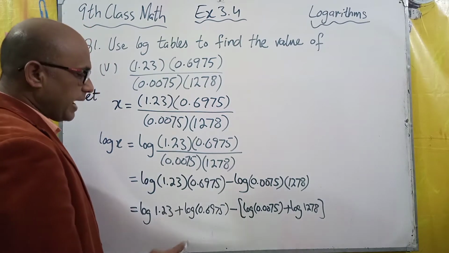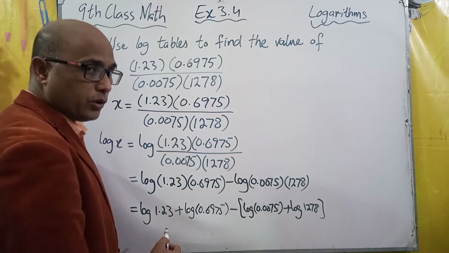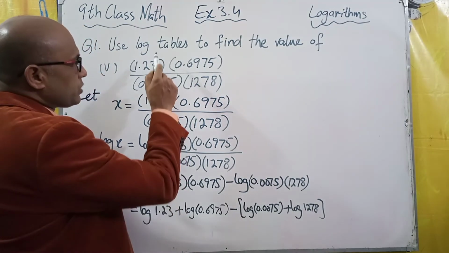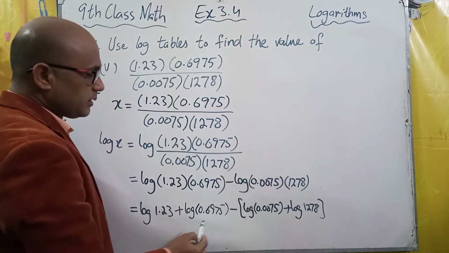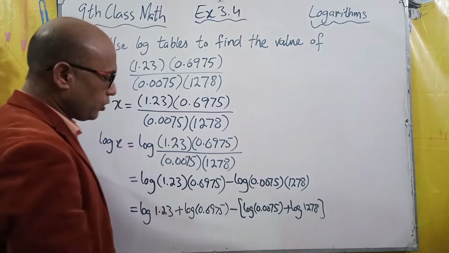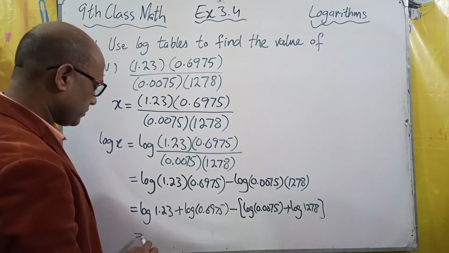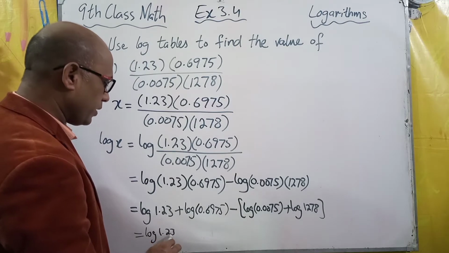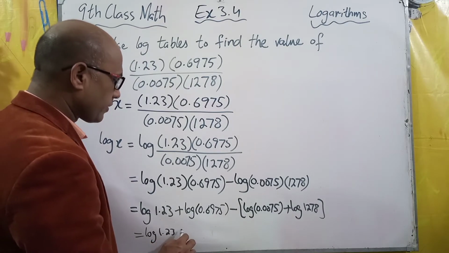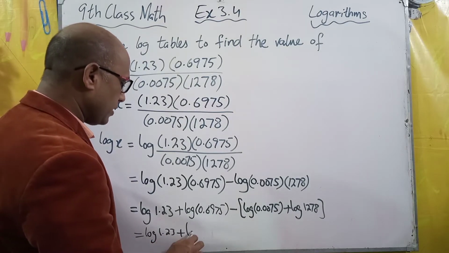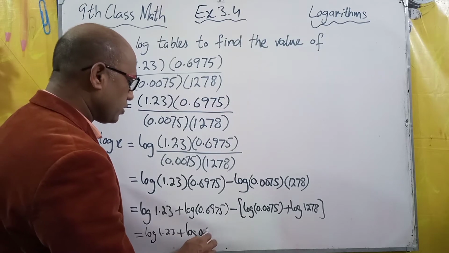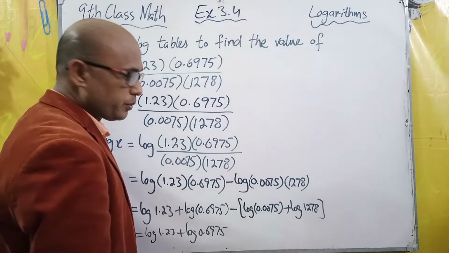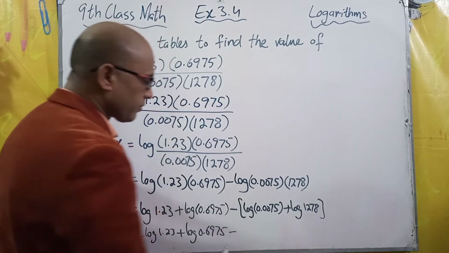Now let's find their logarithm, but before we find the logarithm using log tables, we have to expand it more. Log 1.23 will be written as it is, and log 0.6975 will also be written the same.